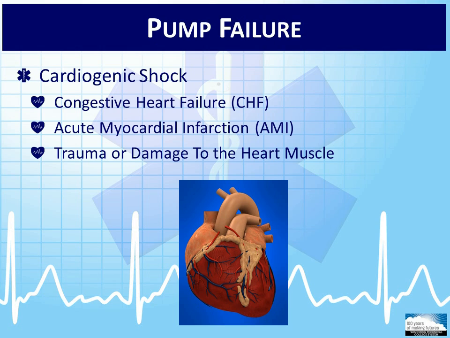Trauma or other injury can also damage the heart directly. A blow to the chest may disrupt the cardiac conduction system, resulting in arrhythmias. An impaled object into the heart can have a profound impact on its ability to function as well.